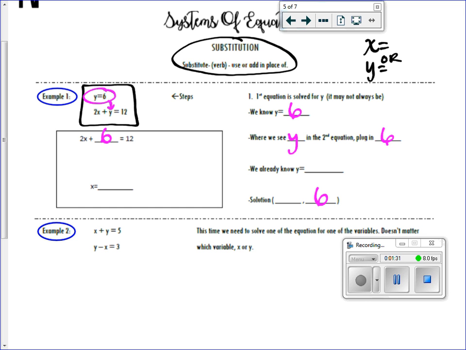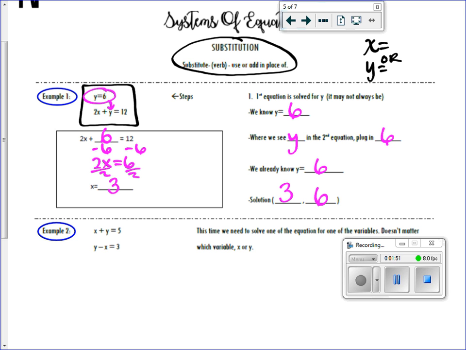And then now we have an equation with one variable, which means we can solve it by subtracting 6 on each side. So then 2x equals 6, dividing by 2, and so our x value is 3. So we already knew that our y value is 6, and now we know our x value is 3.